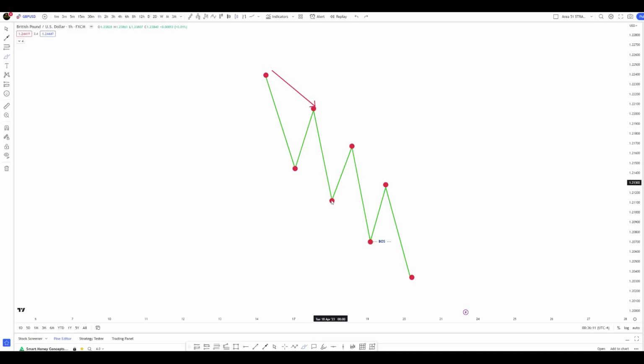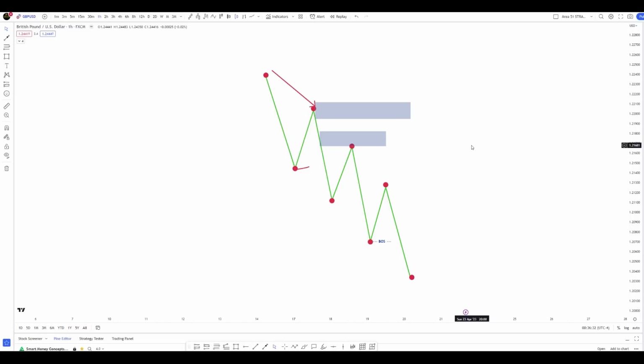Let's say the price trended from here to here. So now you have a downtrend market structure. So what you do is you go ahead and mark the supply zone that created the break of structure. So once you mark your supply zone, it could be somewhere here, and sometimes it could be somewhere here, okay?